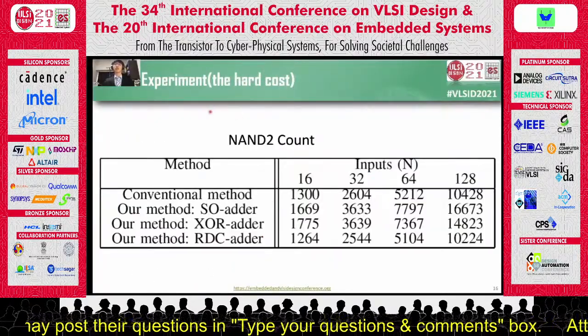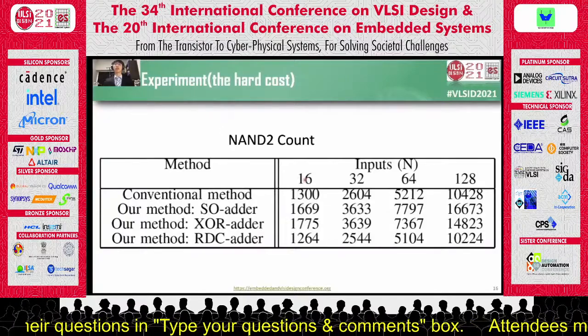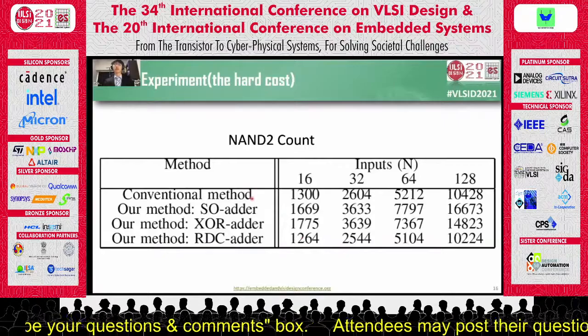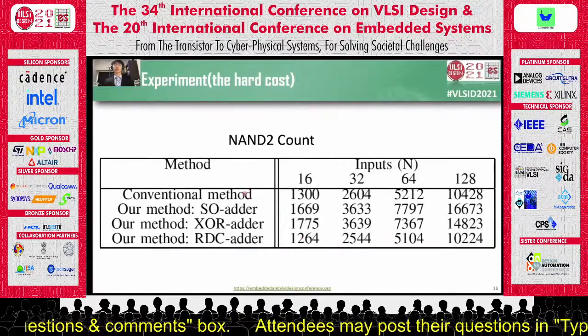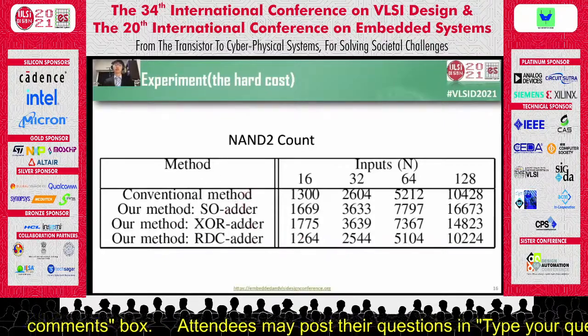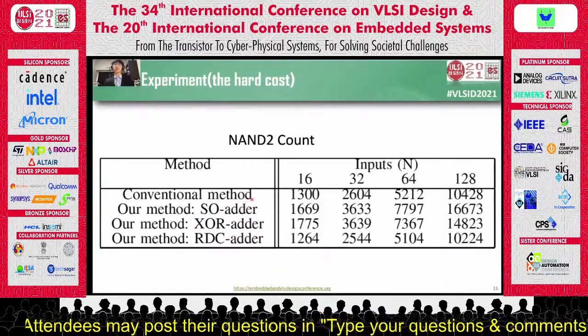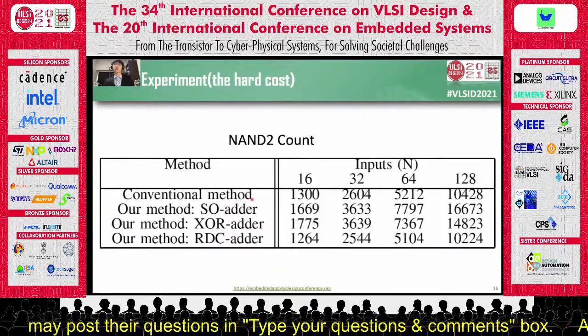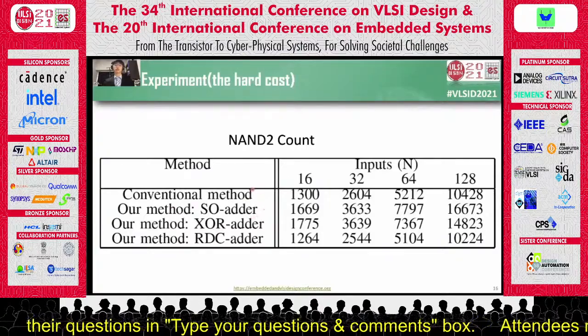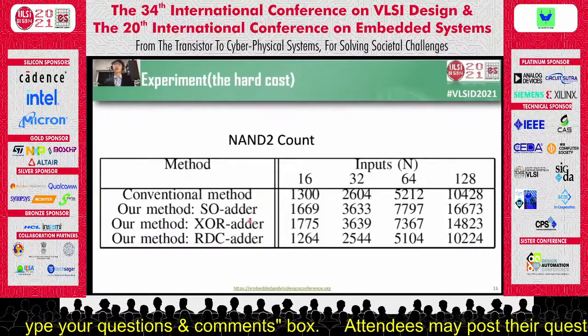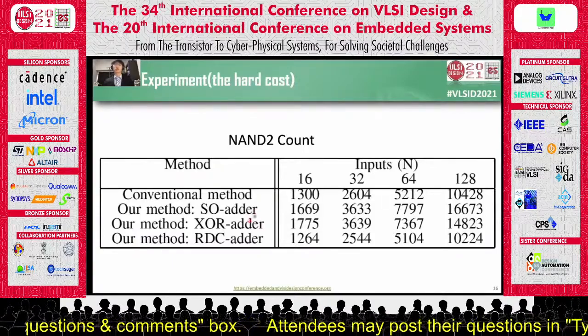Next, I would like to show the hardware cost. Please see the table. We compare the conventional method with the three proposed methods, in terms of NAND gate counts. The XOR adder can reduce the NAND gate count a little bit compared to the SO adder.